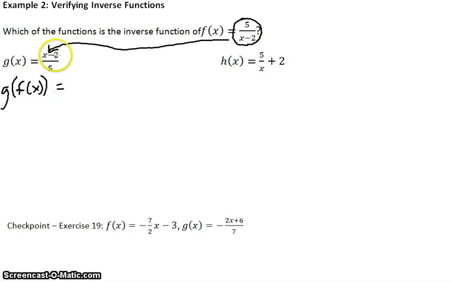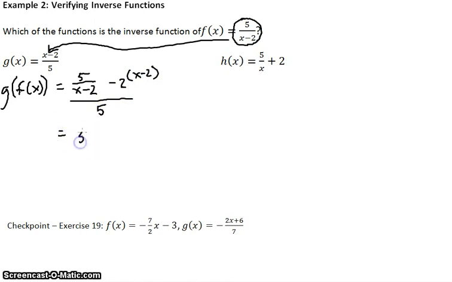So instead of x minus 2, it's going to be 5 over x minus 2, minus 2, over 5. So I replaced x here with f of x. Well, this doesn't have that denominator, so I need to give that a common denominator. So I'm going to times it by x minus 2.